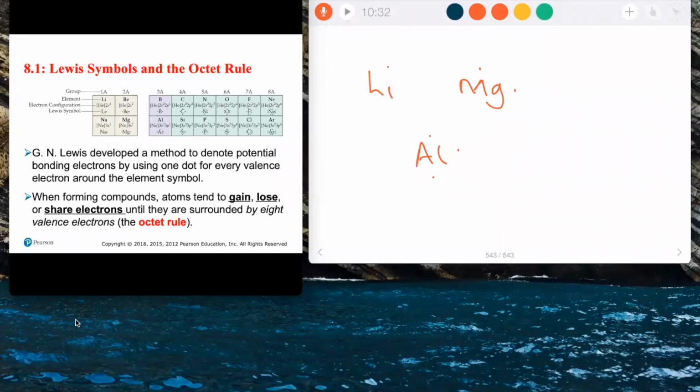If you look at chlorine, 1, 2, 3, 4, 5, 6, and 7. The dots represent the valence electrons, which for main group, that is the A on the periodic table, the first 2 and the last 6 on the periodic table.